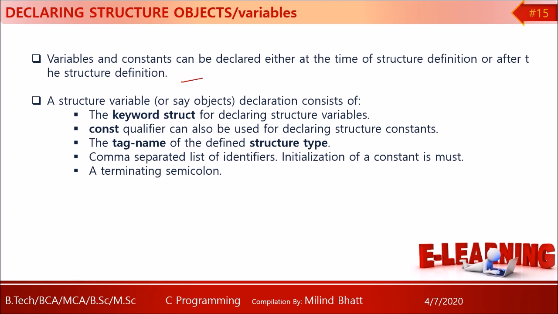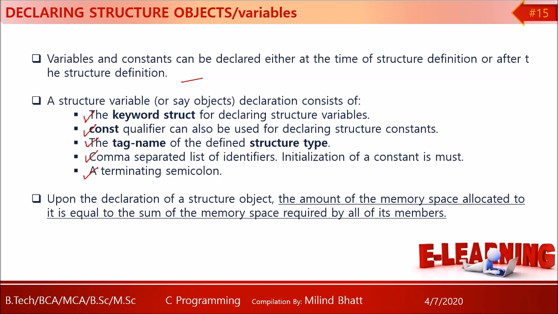A structure variable, or say its object declaration, consists of the following points: the struct keyword for declaring a structure variable. The const qualifier can also be used for declaring a structure constant if required. A tag name defining a structure type, and a comma separated list of identifiers. Initialization of a constant is a must. And finally, I have to terminate it with a semicolon.